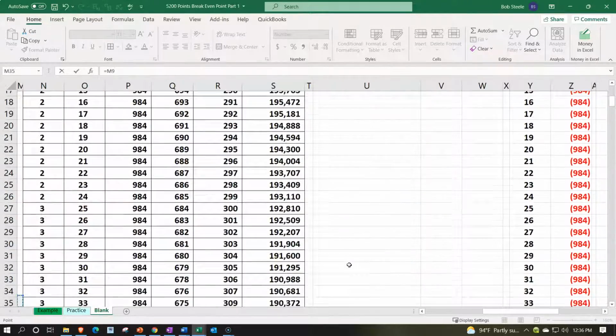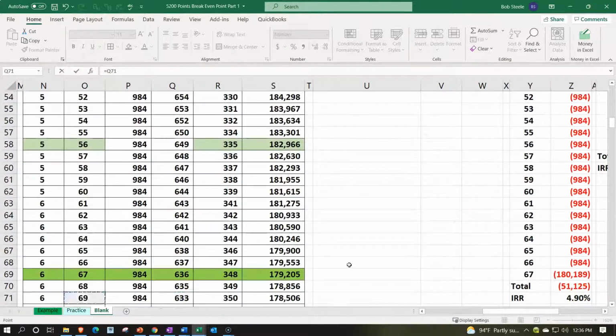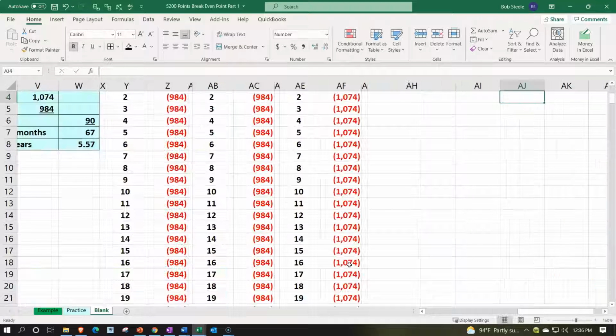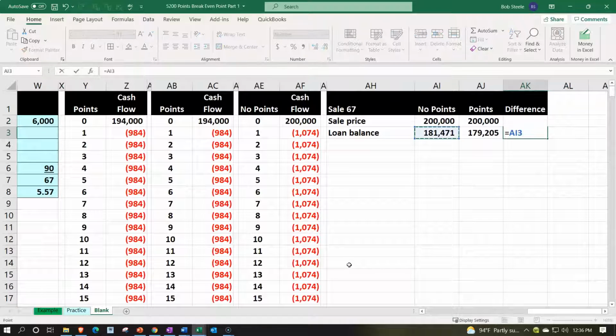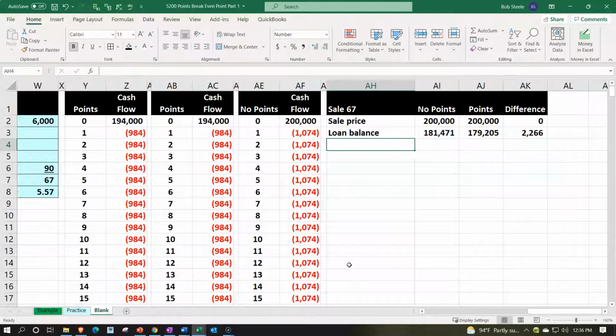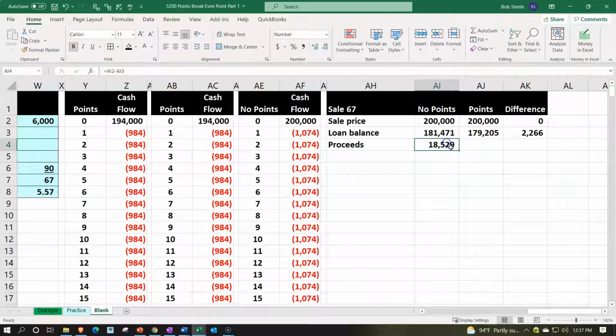This is where the confusing factor is. These loan balances, of course, will be different, that we'd have to pay off at the point of sale. And so we have those differences in the loan balance. Subtracting that out, that will be our proceeds after paying off the loan, equal to the $200,000 minus the loan balances.